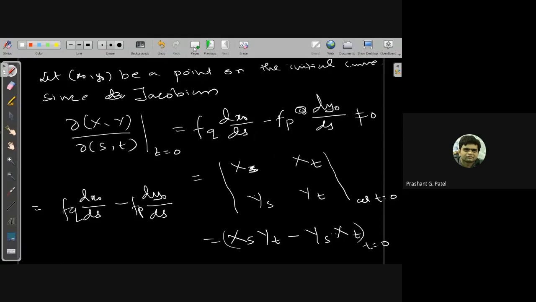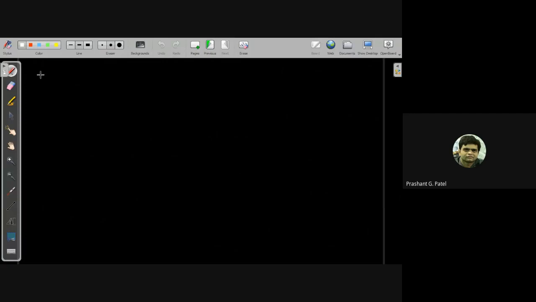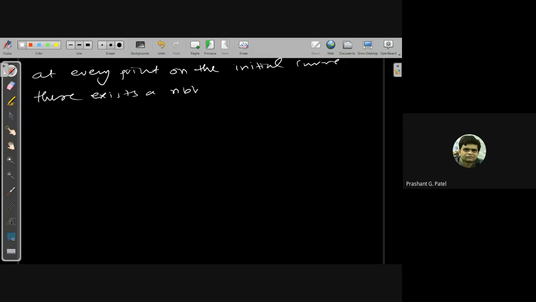And this is true at every point. So this Jacobian is non-zero at every point on that initial curve. There exists a neighborhood N of x0, y0, the neighborhood of this point (x0, y0).